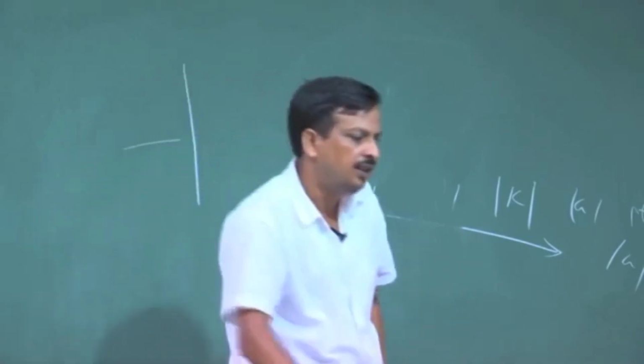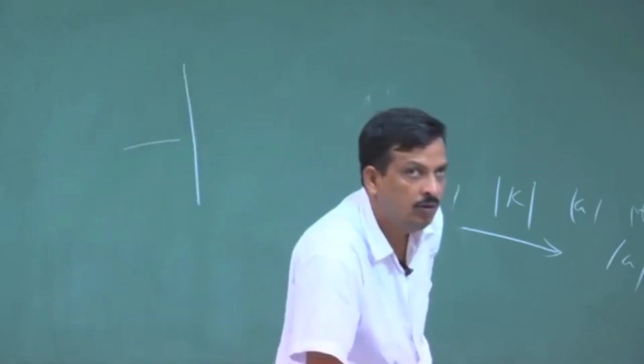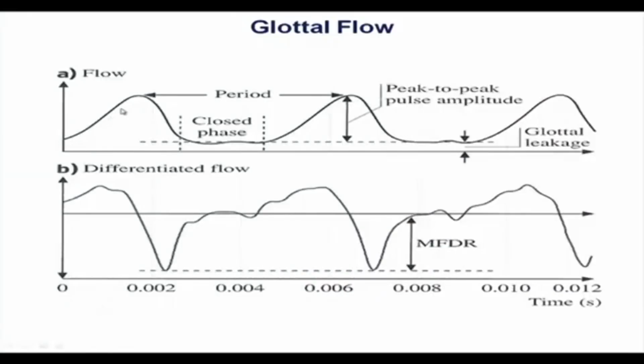So, I can say this is the flow diagram. The air flow increases, and again decreases into the closed phase. Again it opens and again it closes. Okay. So, I can say either complete open to open is a period or close to close is a period.